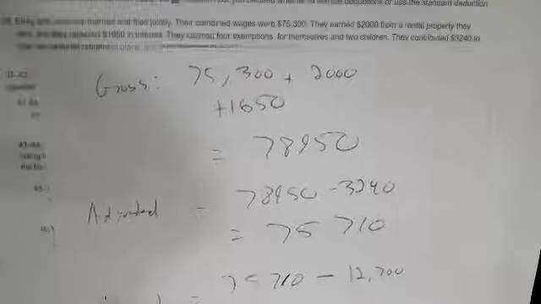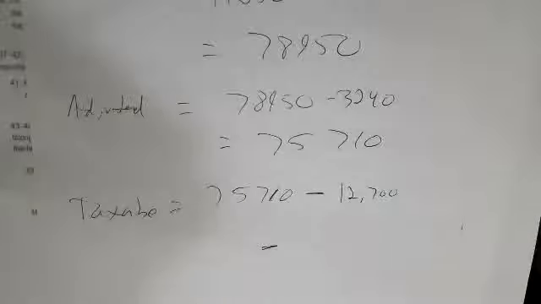And then the personal exemptions: they have themselves and 2 kids. So how many people do they have on their exemptions? If you look at exemptions, it says per person, we're getting 4,050 per person in this one.